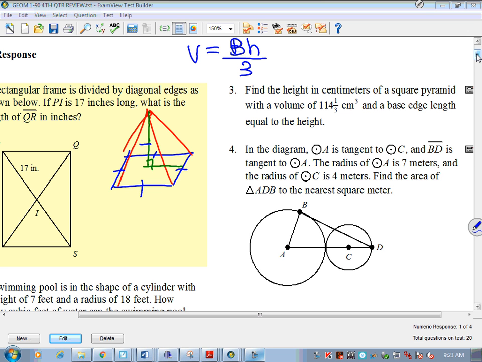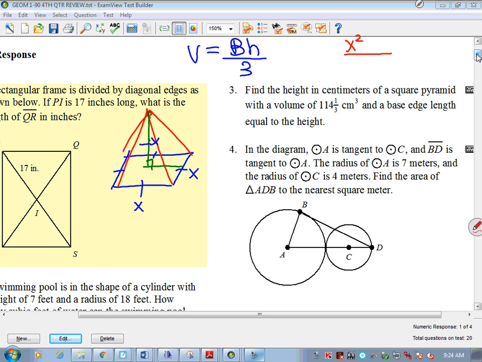They don't tell me what the length is, so let's say that it's x. Then this is x, and what else is x? The height is x. Let's throw all that together up here. What would the area of that base be?